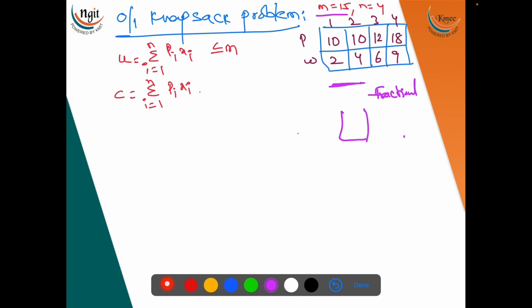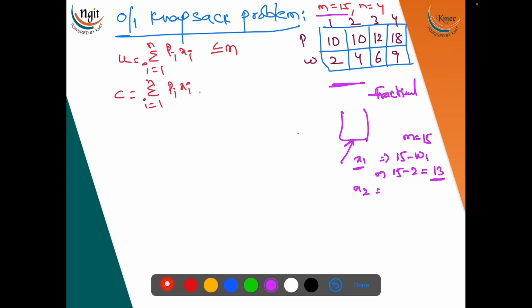So let us suppose m is equal to 15. I am taking the x1 object into the bag. What is w1, the weight of the first object? 2. So 15 minus 2, I get 13. So still 13 kgs of weight I can utilize for the next item.